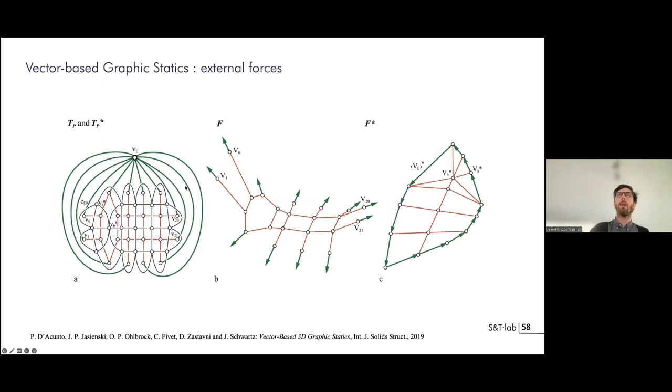And something that we added is that the external forces all connect to what we call VE, the vertex of the external forces. And that's the way to be able after to planarize it and generate the force diagram. In this case, the diagram was already planar, so these two figures are reciprocal, but this is not the general case.